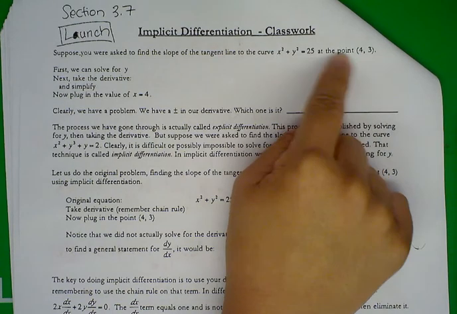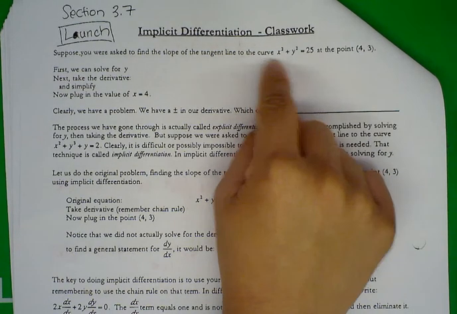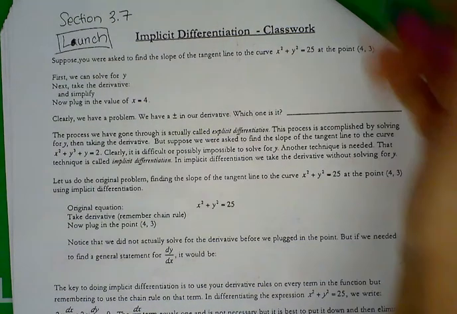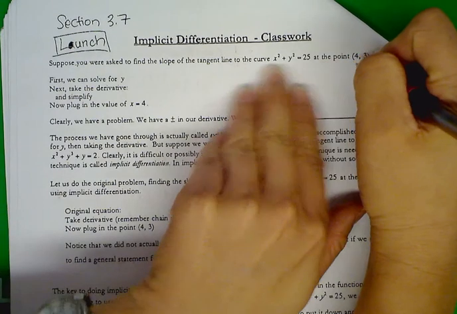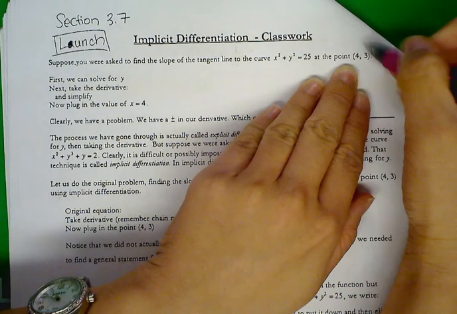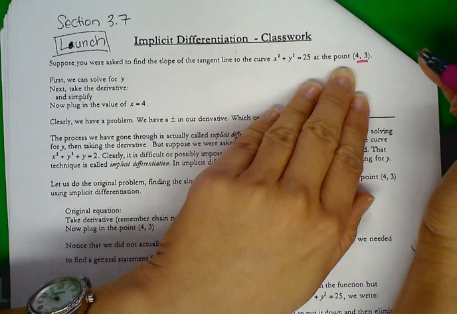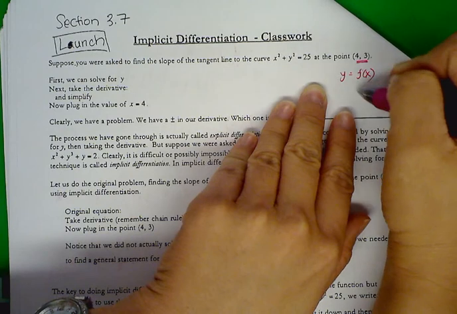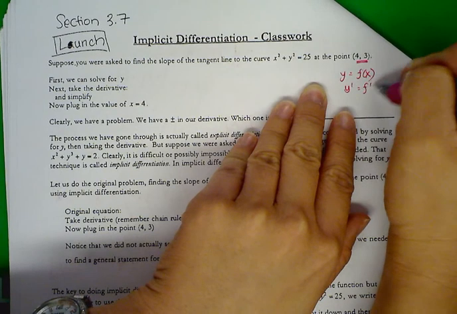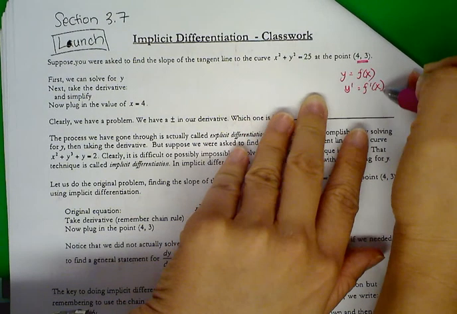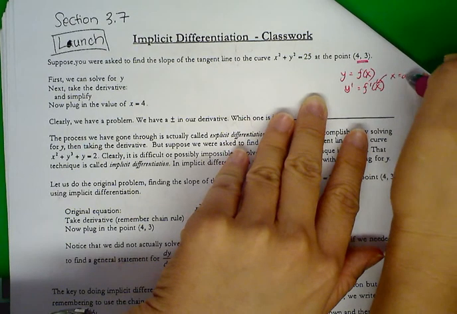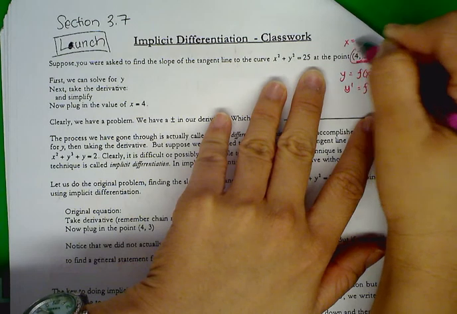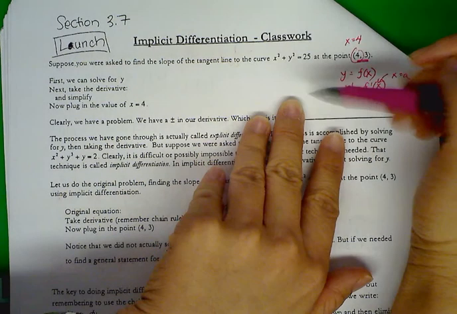What are they asking us to do? We have to find the derivative of this equation and plug in the point. Normally we take f of x and then find the derivative, and then plug the x value into the derivative.